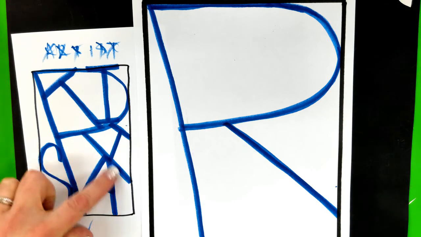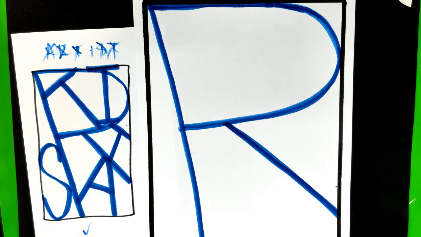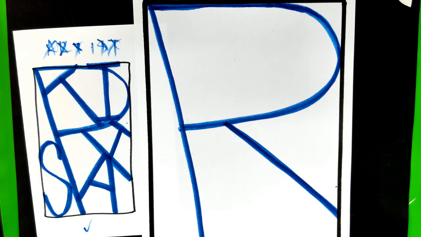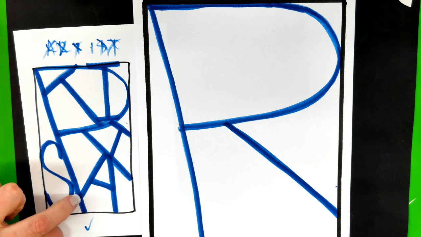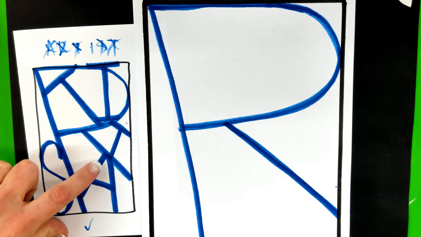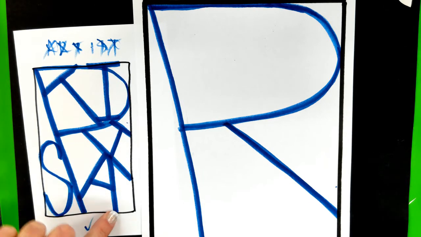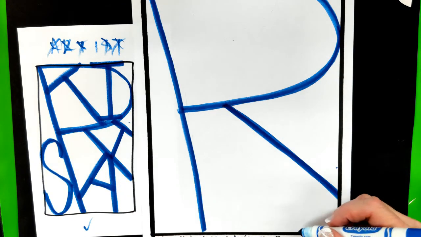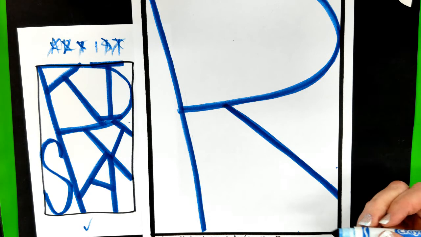I think I did the A next. Not that you have to go in order. I could do this one next, which would make sense, but I'm just going to do the A because I'm here. Part of the leg touched there, and then it came up here, and that one was about a third of the way in. If I look, that's about a third of the way in right there.